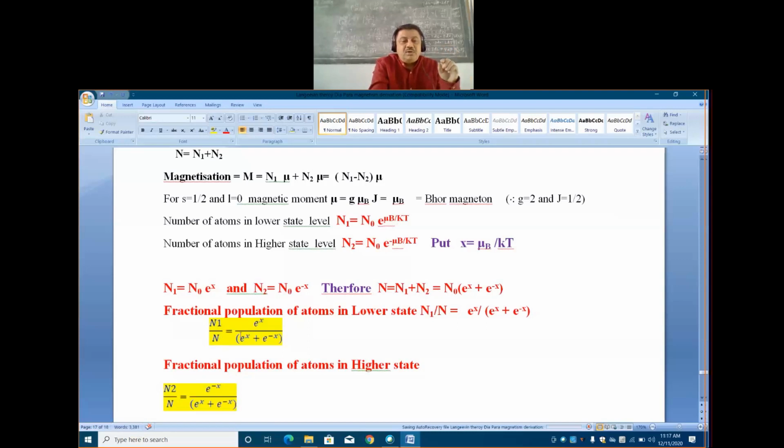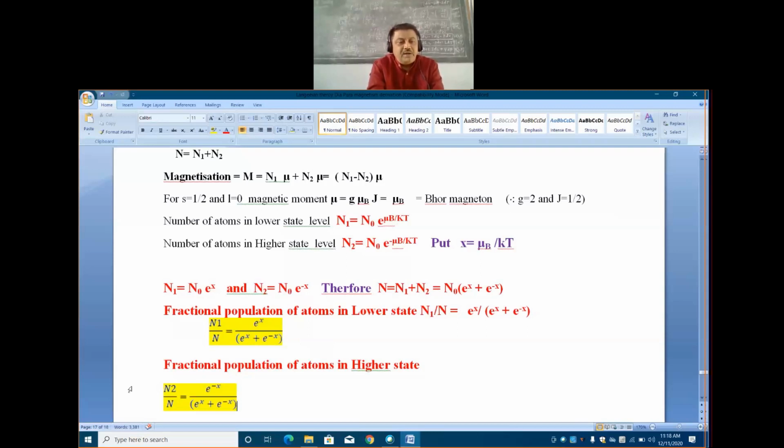N1 is N0 e raised to x, and N is N0 times e raised to x plus e raised to minus x. N0 cancels. So, N1 by N is equal to e raised to x by e raised to x plus e raised to minus x, where x is equal to mu B by KT.